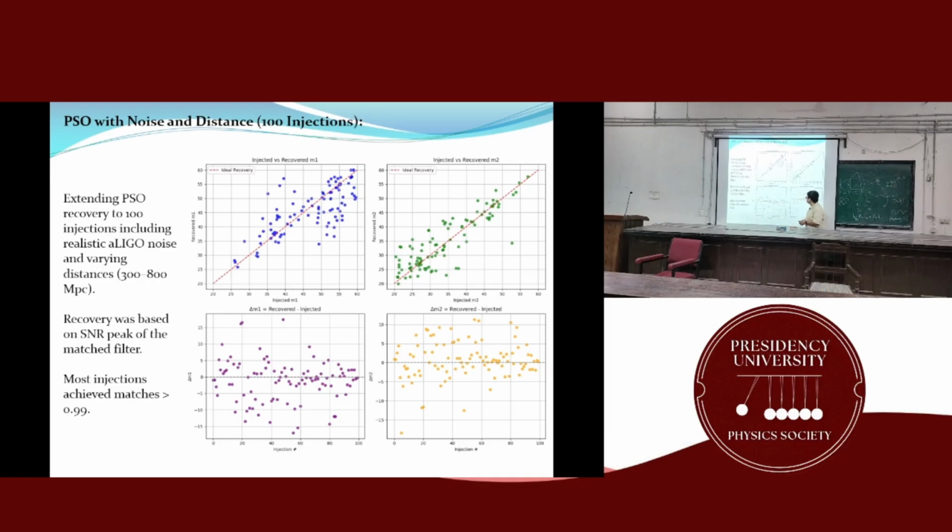Say take this point, like if the mass is biased here. Let's say this is a true line. These are truth lines, so the particle will be here as we are plotting injected mass.